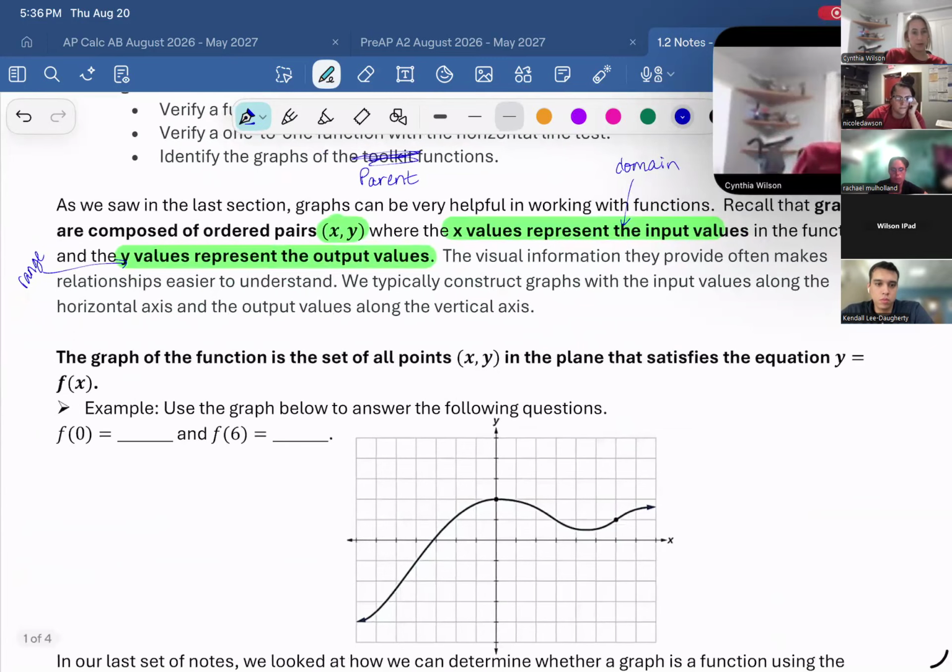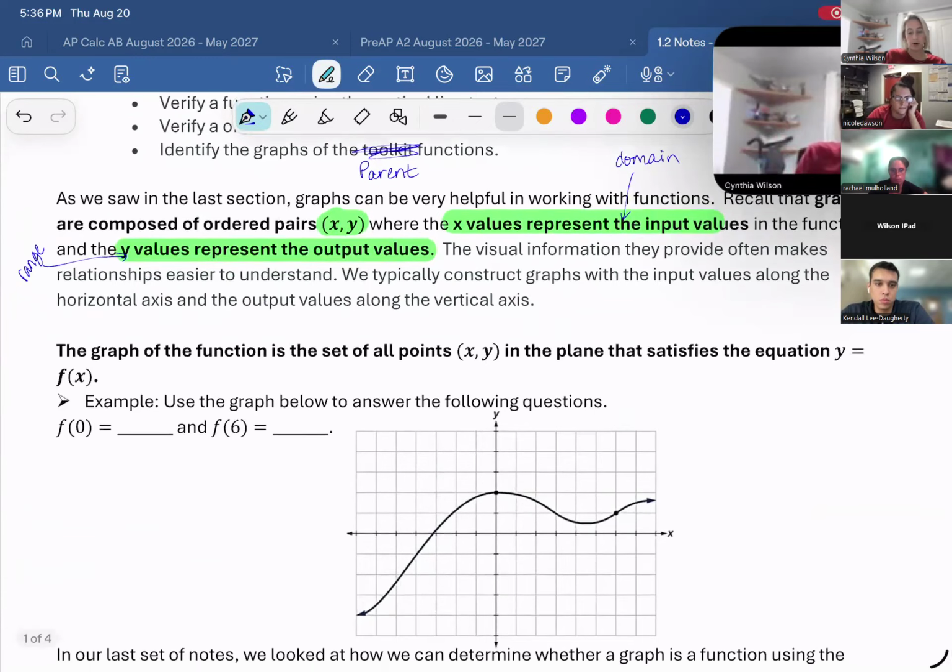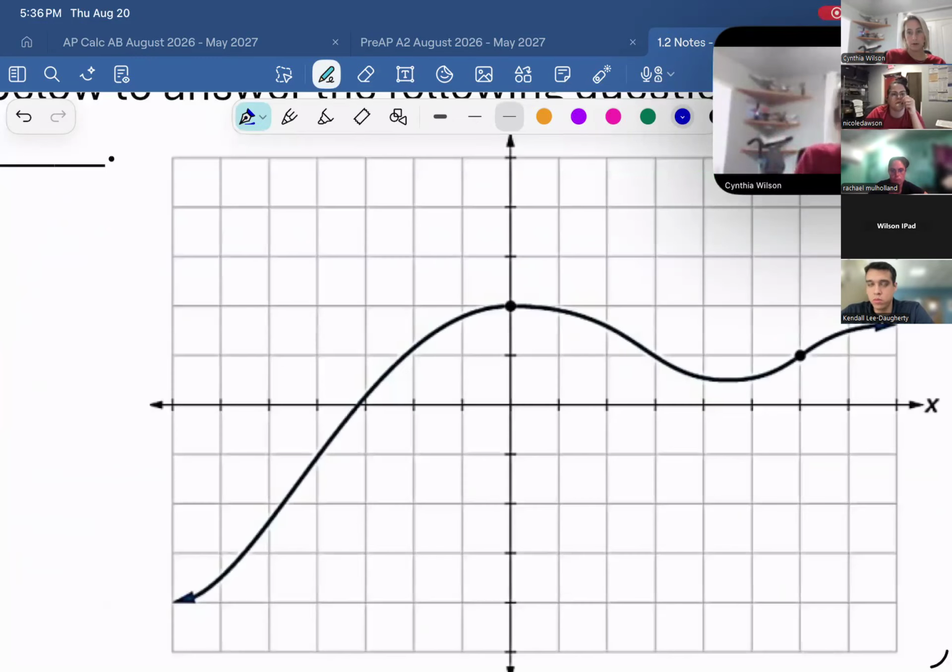So f of 0, we'd find 0 on our graph. 0 is here at the origin. I'm going to go up until I hit my graph, and I can see it right there. That y coordinate is what? You can put it in the chat, that would be easiest that way I can read it.